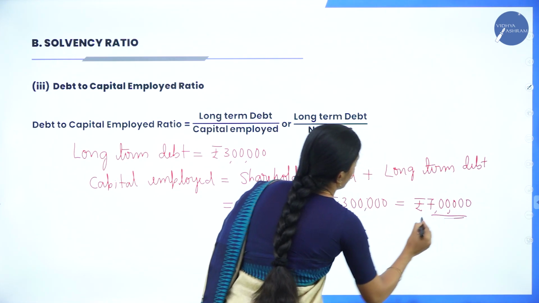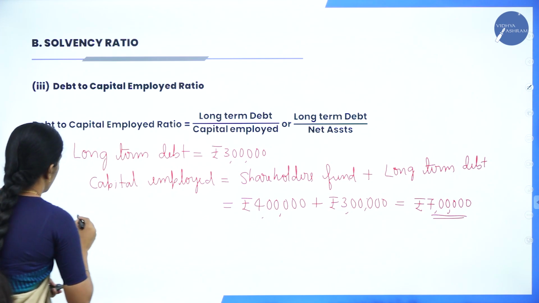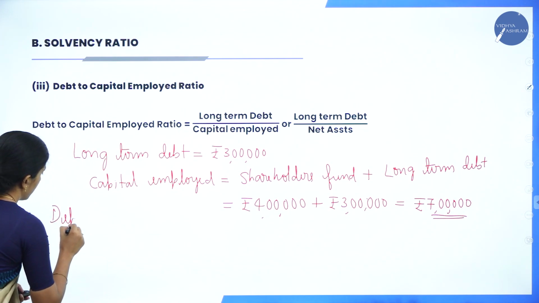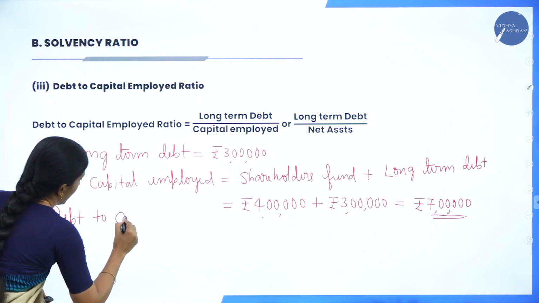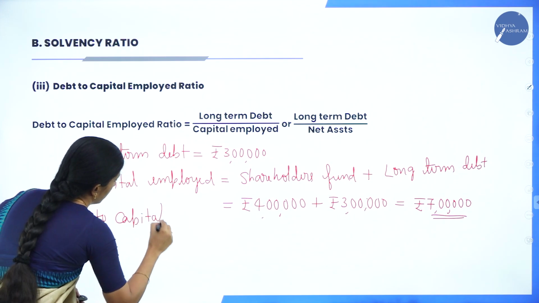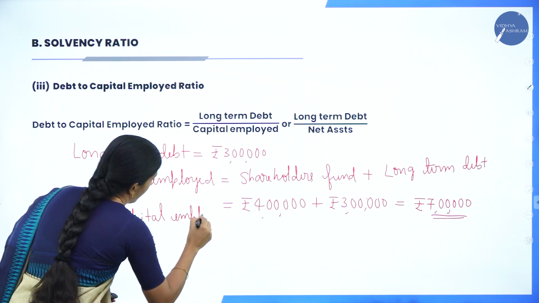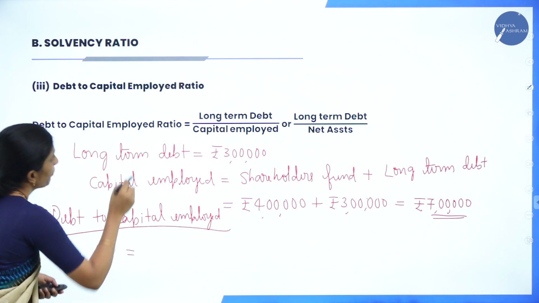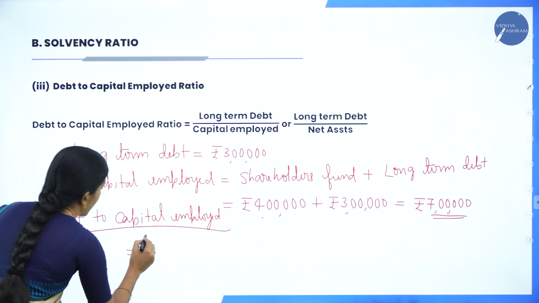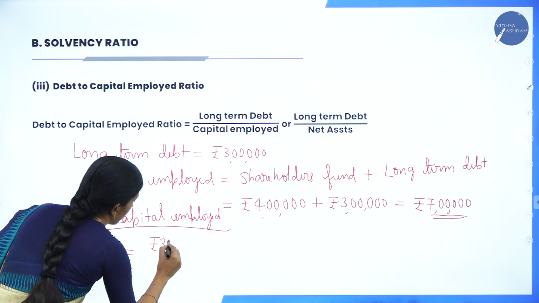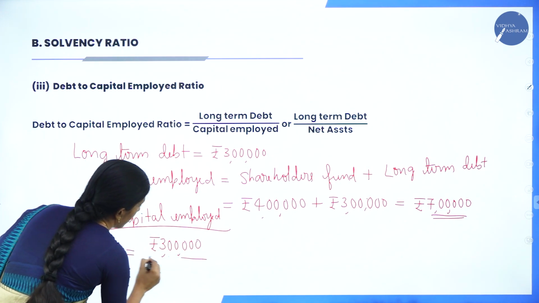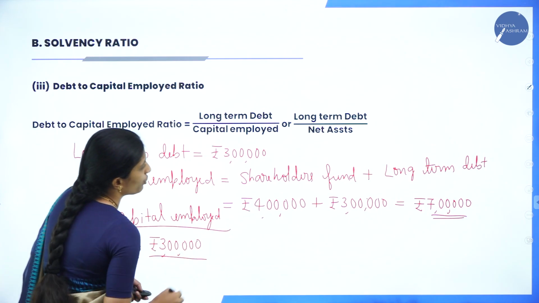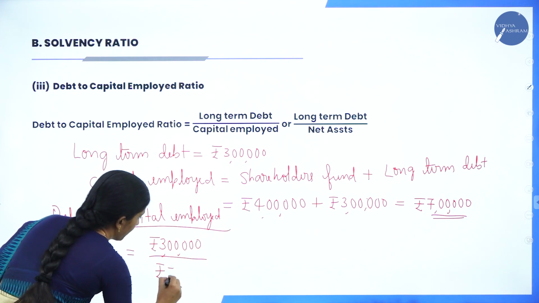Now, you can apply the formula, that is debt to capital employed. Debt to capital employed is equal to long-term debt, rupees 3 lakh, divided by capital employed, rupees 7 lakh.